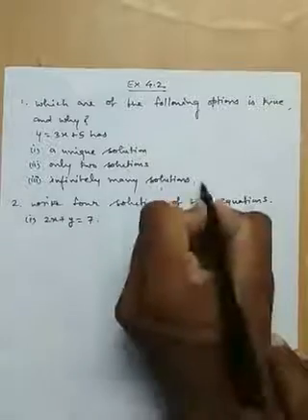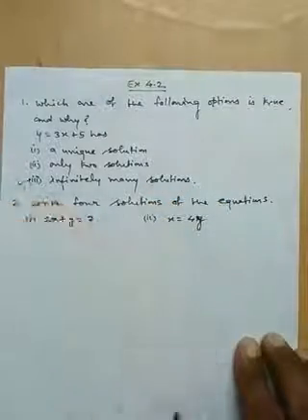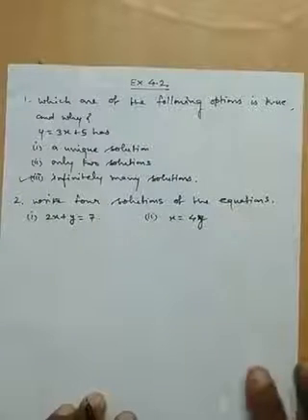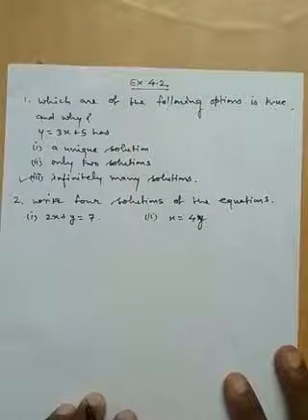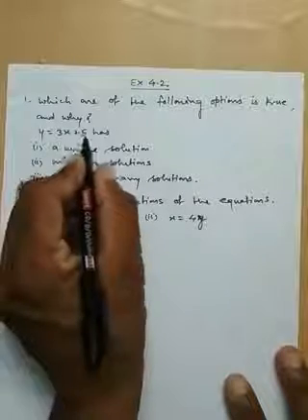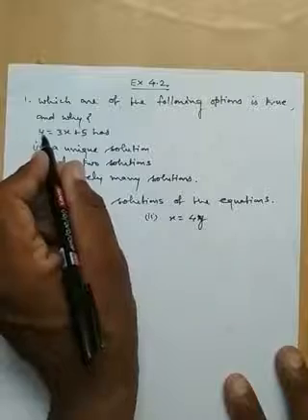So the third option is correct. And why is the third option correct? Because the linear equation has infinitely many solutions, and 3x plus 5 equal to y.